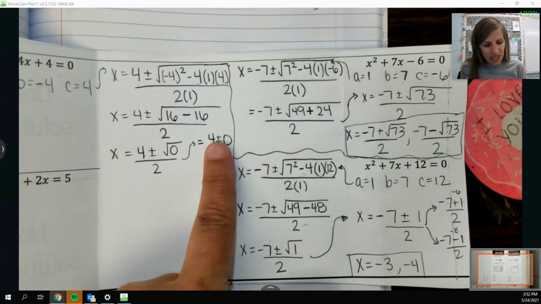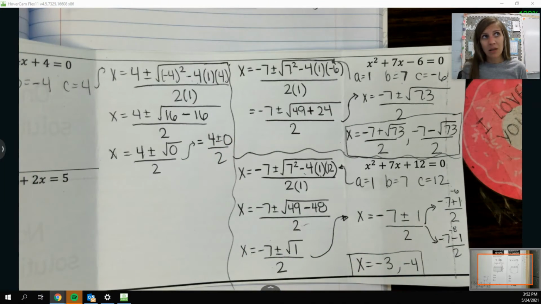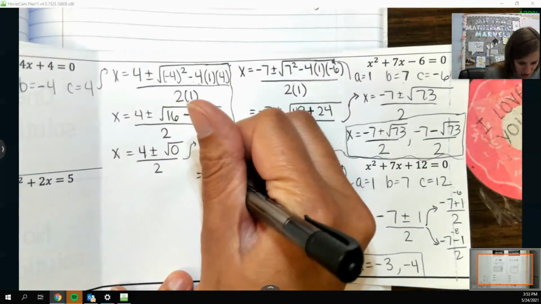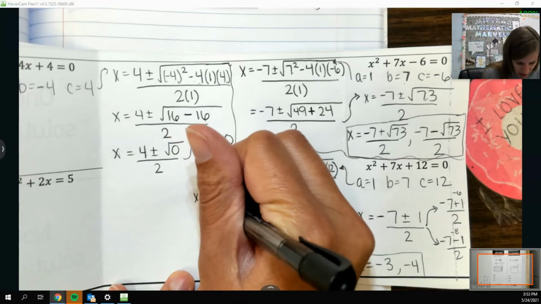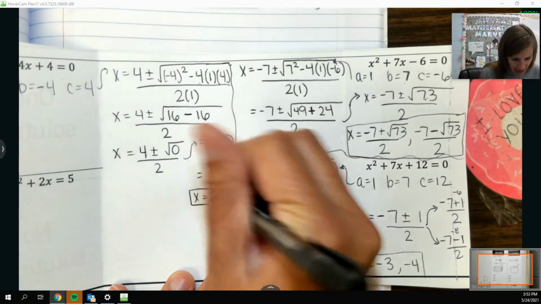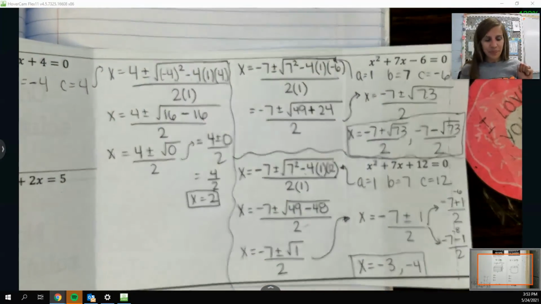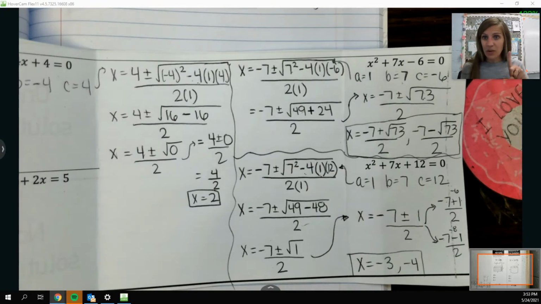But if I do 4 plus 0 or 4 minus 0, either way, it's just 4 over 2, which is 2. So I only have one answer here. And that's sort of like when your vertex boops right off the x-axis.